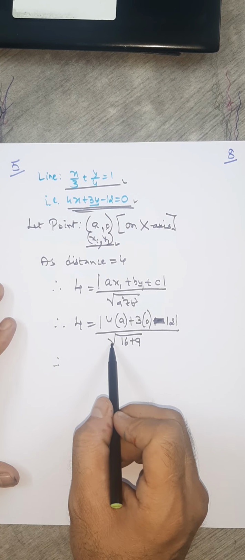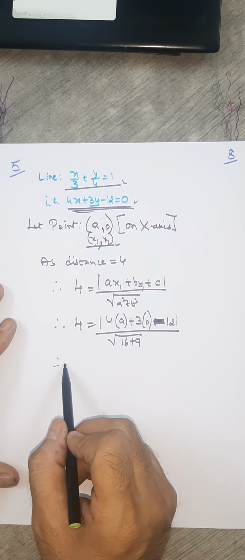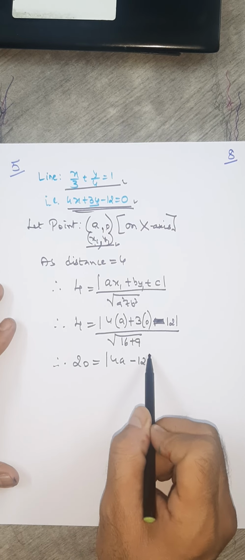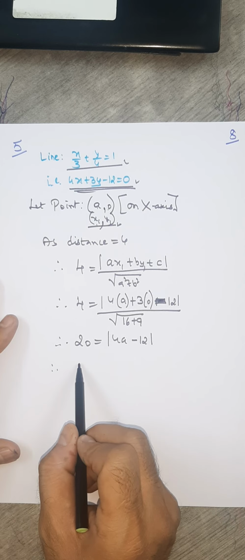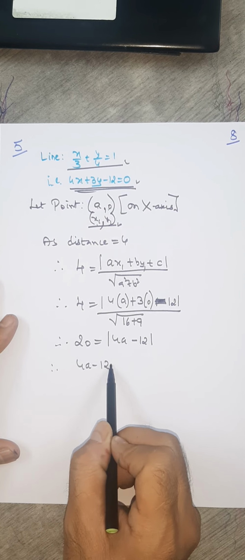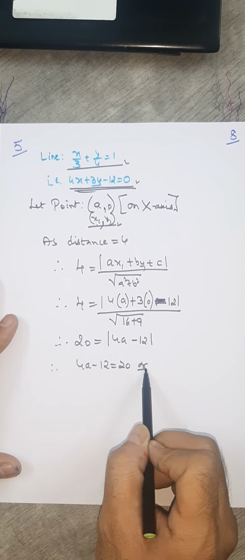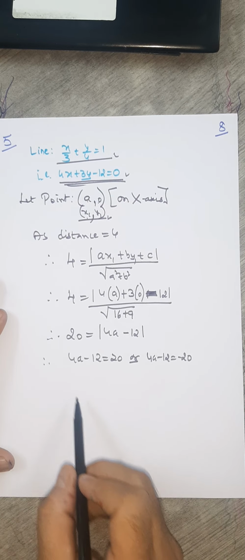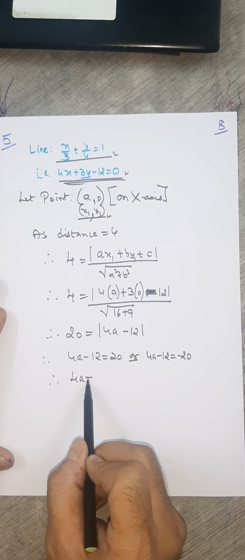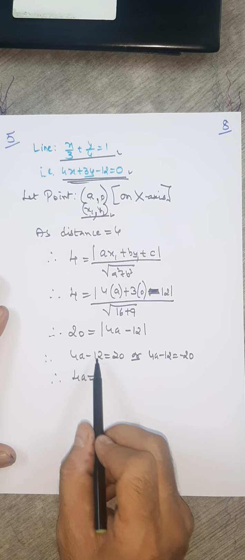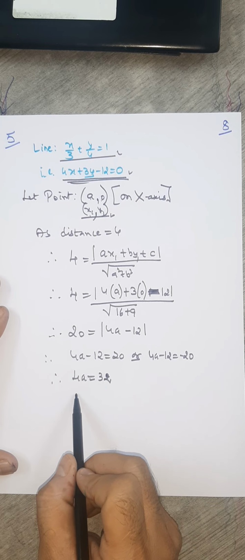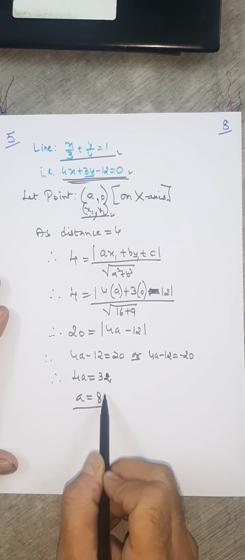This is nothing but 25, so 5. So this is 20, and 4a minus 12. Drop the modulus. So 4a minus 12 equals either 20 or 4a minus 12 equals minus 20. So 4a equals how much? 20 plus 12, which will be 32. So a equals 8.